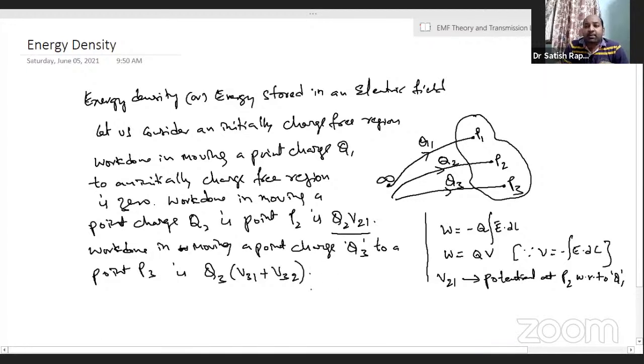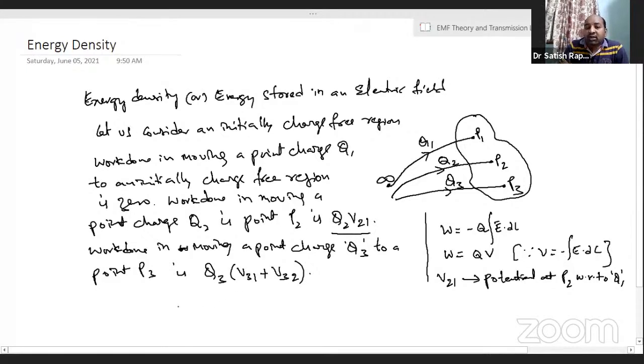What is V31? V31 is the potential at point P3 with respect to Q1, and V32 is the potential at point P3 with respect to Q2. Because before we place Q3, Q1 and Q2 were already there, so the potential is due to Q1 and Q2.